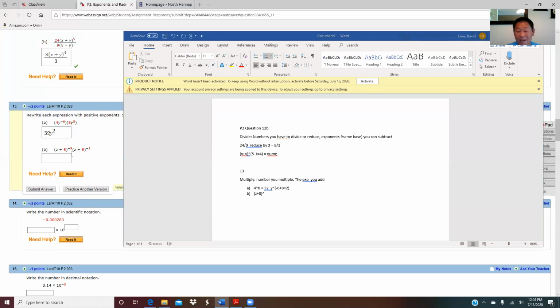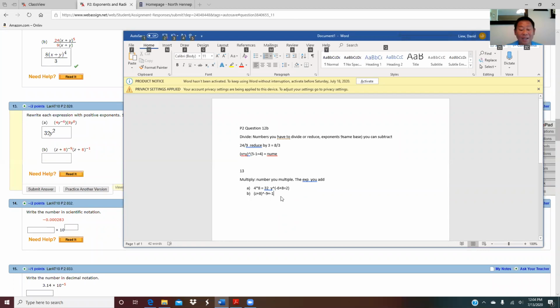We have -9 plus -1, which gives me -10. Because your power is negative, you have to put this in the denominator.